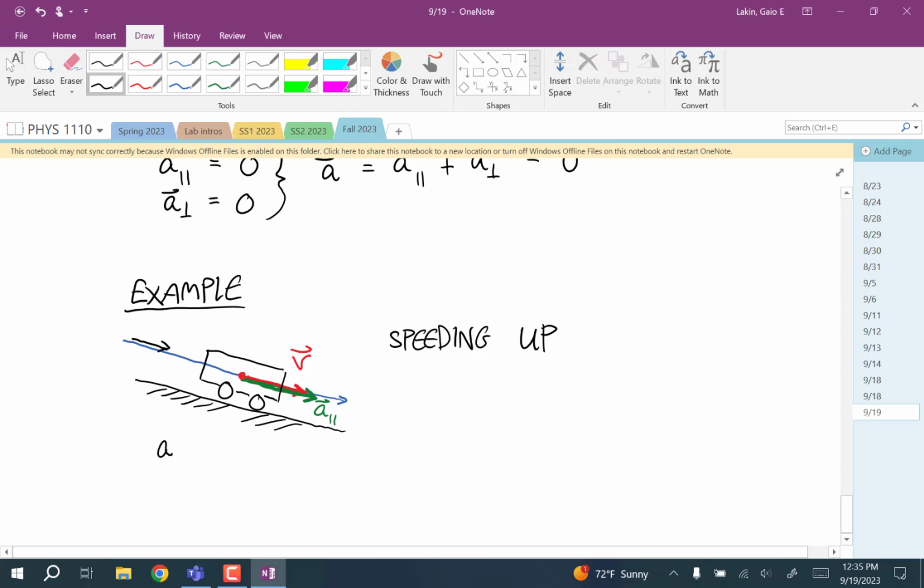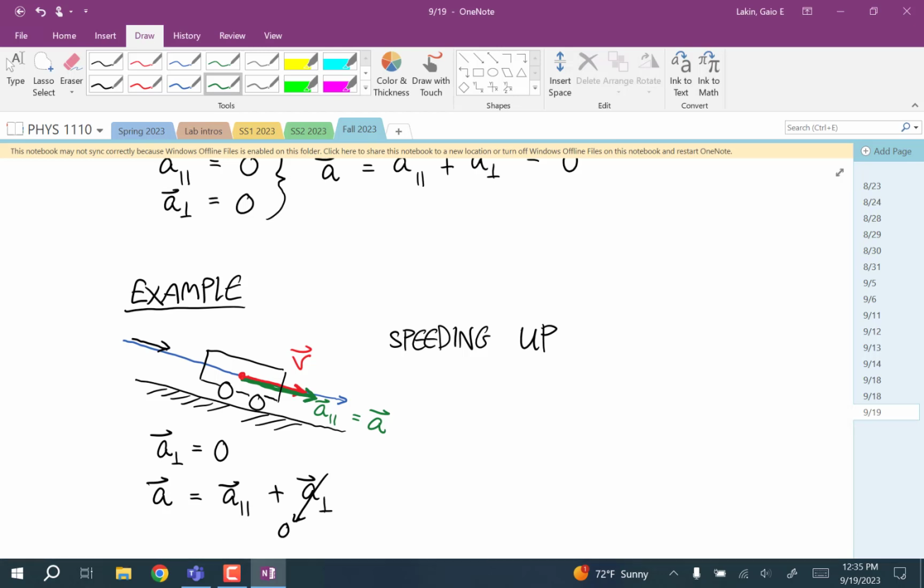No. So A perpendicular is 0. The total acceleration is the parallel part plus the perpendicular part, and the perpendicular part is 0, which means that the total acceleration is just equal to that parallel part. So that green arrow is the total acceleration in this case. Any questions about that?